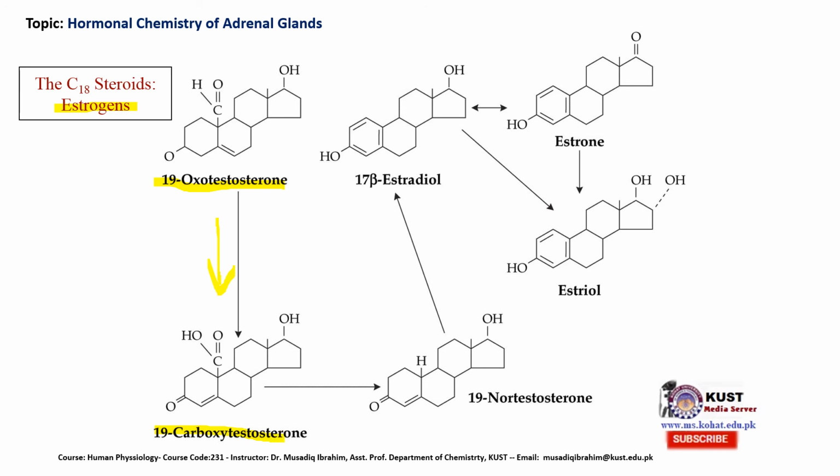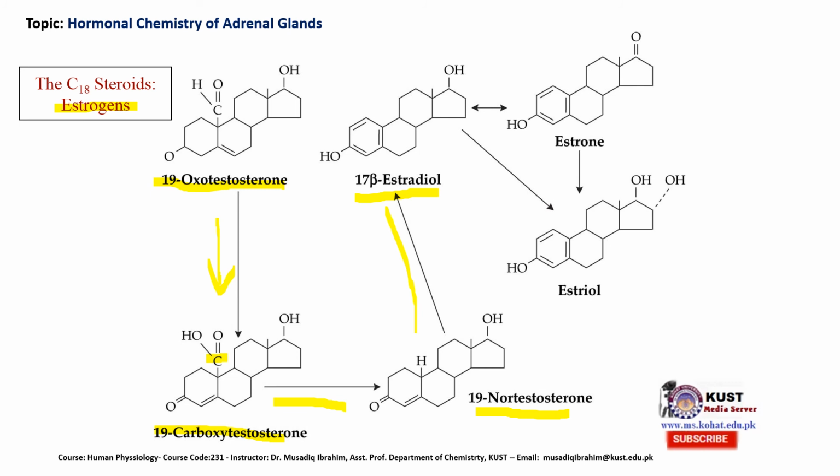This is known as 19-carboxy-testosterone because at carbon number 19 there is the carboxy group. Then this 19-carboxy-testosterone is being converted into 19-nor-testosterone, and then this 19-nor-testosterone is being converted into 17-beta estradiol.